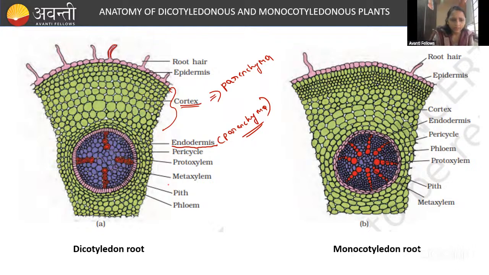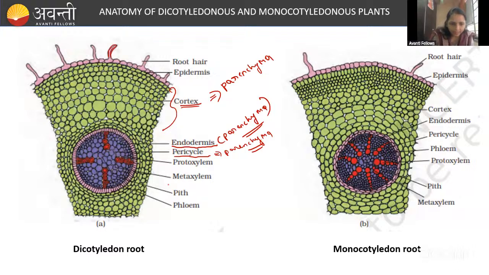After the endodermis, there is a pericycle. In the pericycle also you can see parenchyma only here in the root. And the xylem and phloem bundles are there, that is, the vascular bundles.